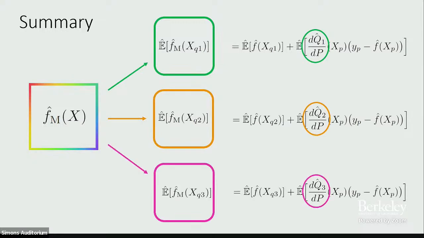And the same thing is true if you plug it in on Q3. And so this is very strange because F hat M never got to see any data from Q. It was only using data from P, but it somehow optimally implements transfer learning to any Q such that dQ/dP is in this Hilbert space ball.